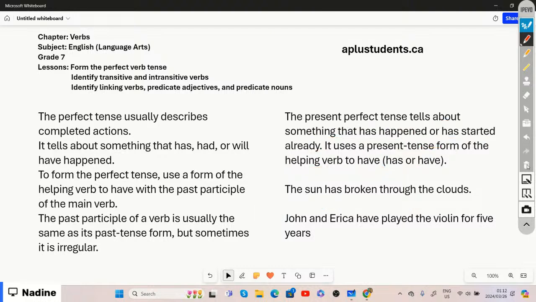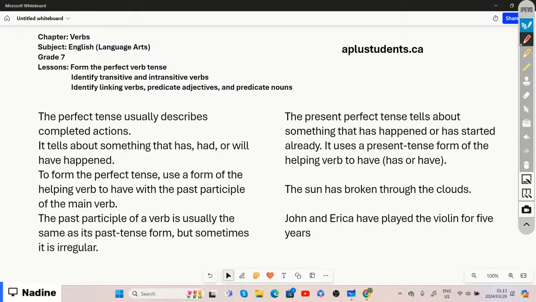If we look at another one, it says John and Erica have played the violin for 5 years. This is something that has happened or has started, something ongoing.